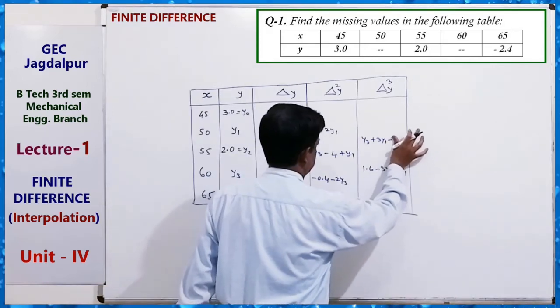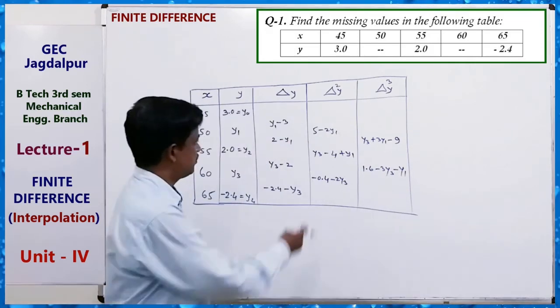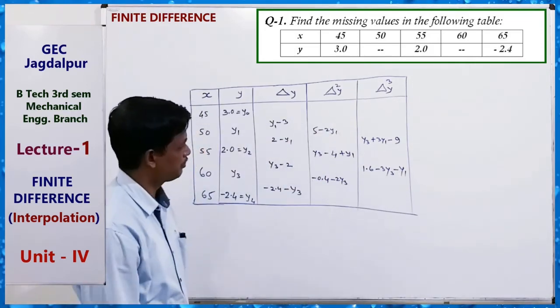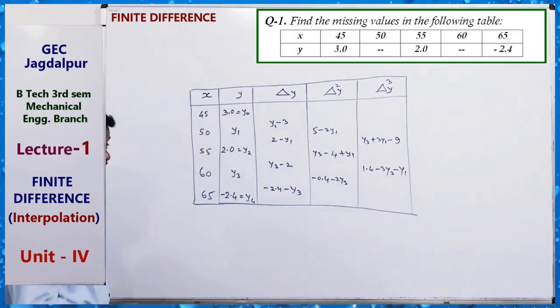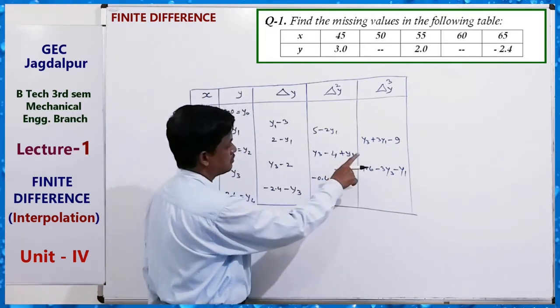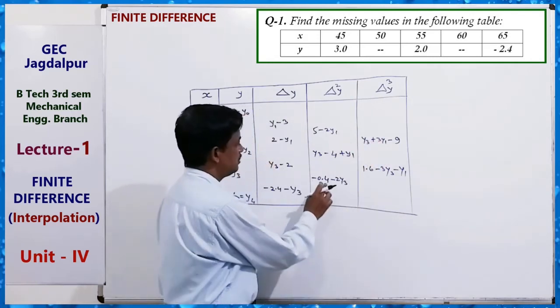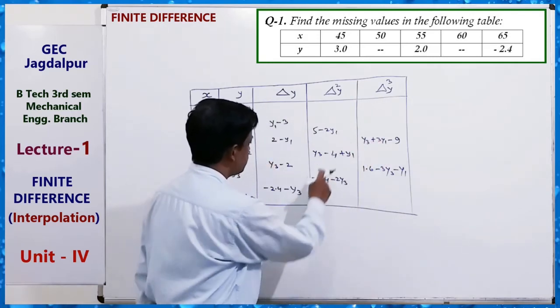Just minus 9 is this. Okay. This minus this is this. Minus 9 and 3. And this minus this means here minus 4.